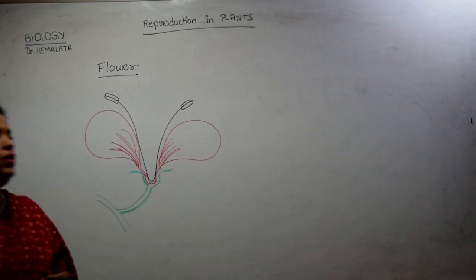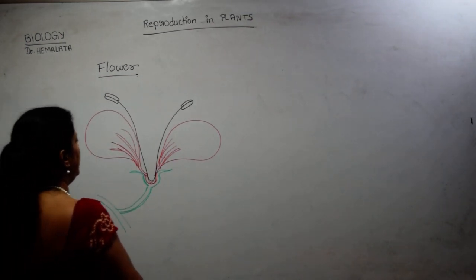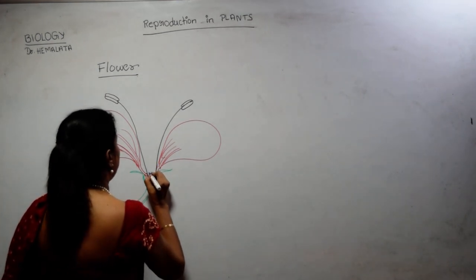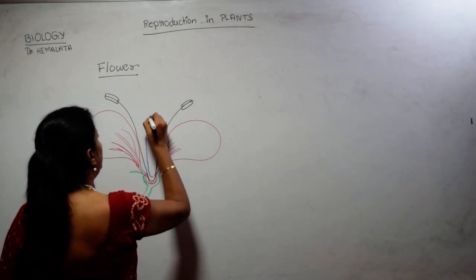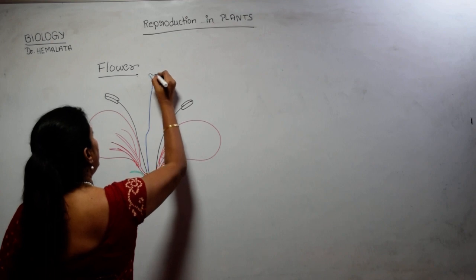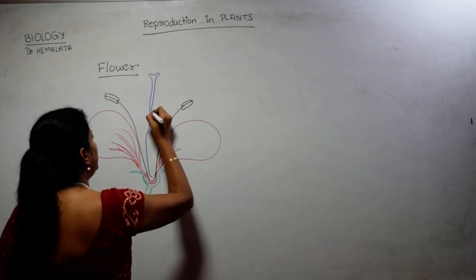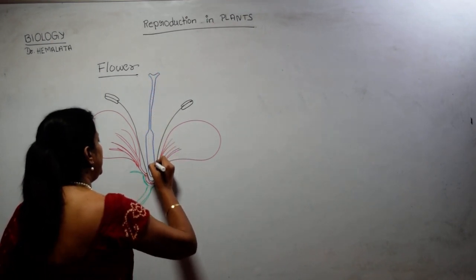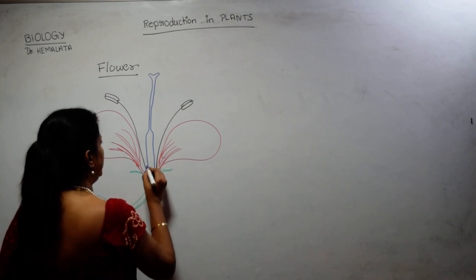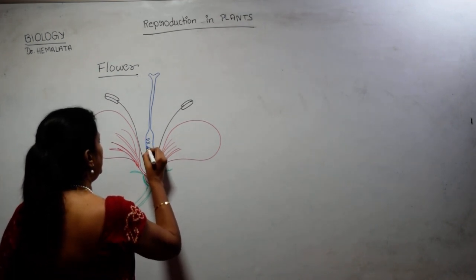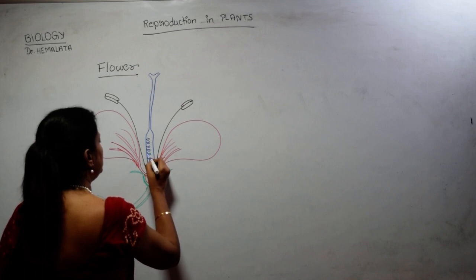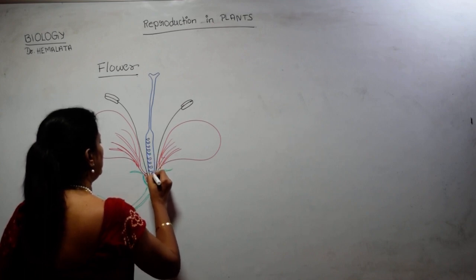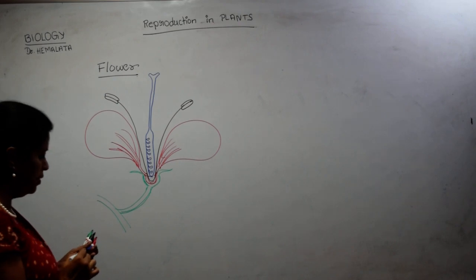The gynoecium is a female reproducing structure, and this will have a slightly elongated or swollen ovary, an elongated style, and the tip of it is called a stigma, which is slightly swollen. So this contains a number of ovules. So observe the drawing. Okay, this is the typical flower.